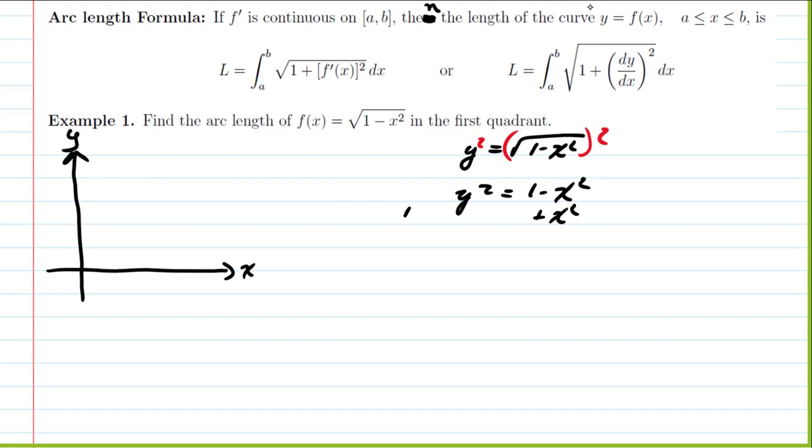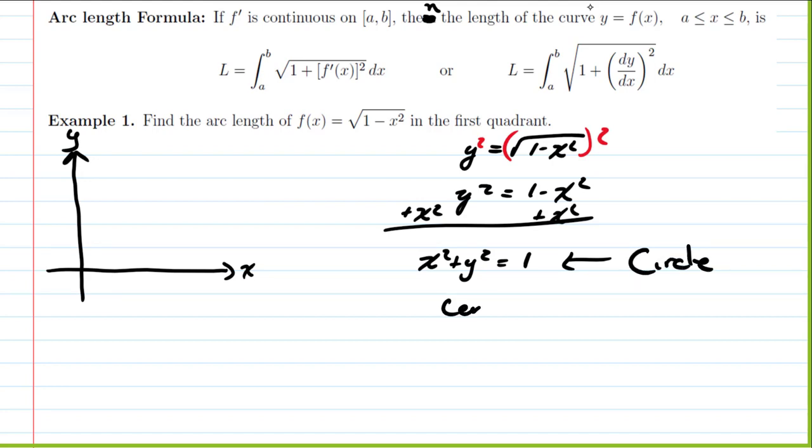Adding x squared to both sides, we would get x squared plus y squared is equal to 1. And what is that the equation of? It's the equation of a circle with center 0, 0, and radius 1, right? But we only want the part of the circle that's in the first quadrant. So if we graph that, it's just going to be this quarter circle hanging out in the first quadrant, right?